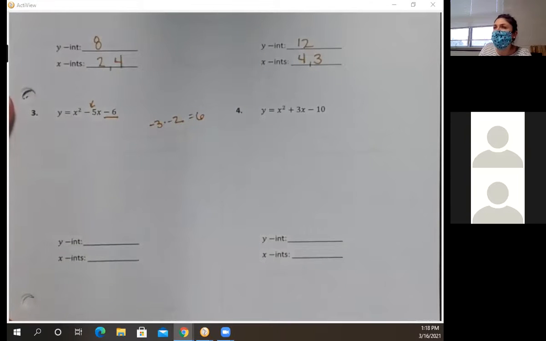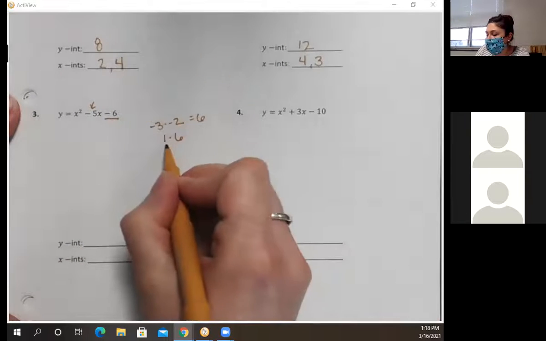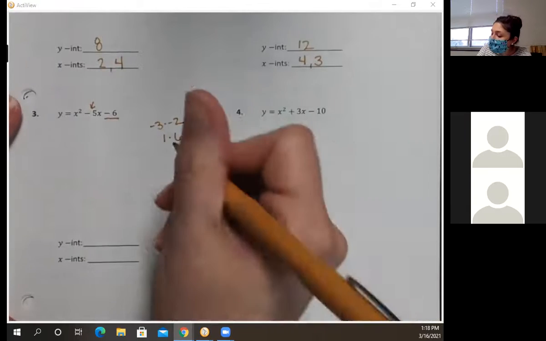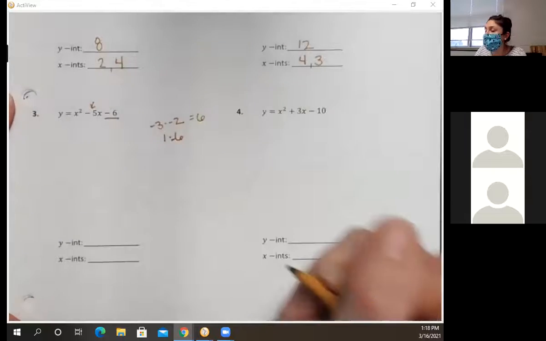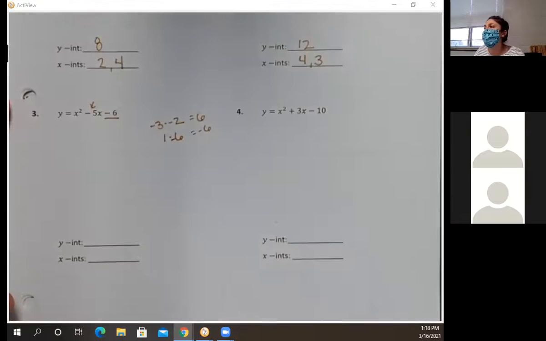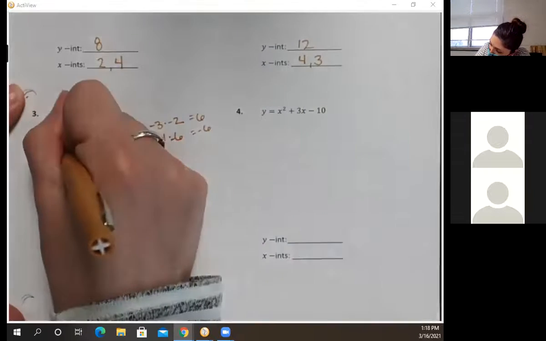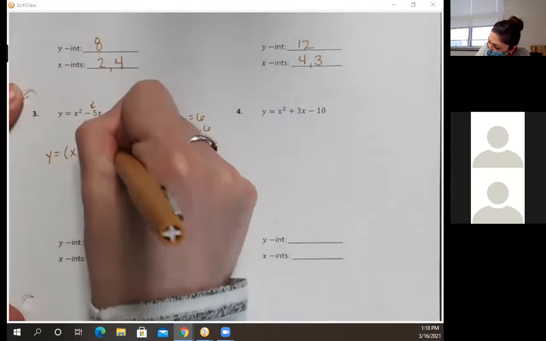What do I want instead? 1 times 6, but I want these to multiply to negative 6. Yeah, I need the 6 to be negative here. So these would multiply to give me negative 6. If I added them, they would give me negative 5. Okay, for whatever reason, the 6 ones are hard. So we would get x plus 1 times x minus 6.